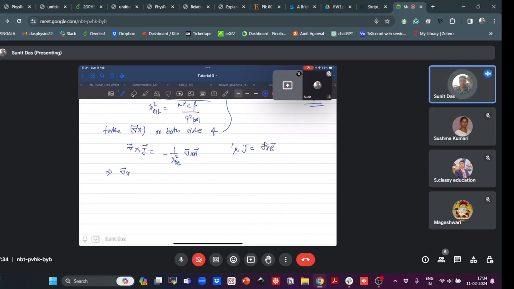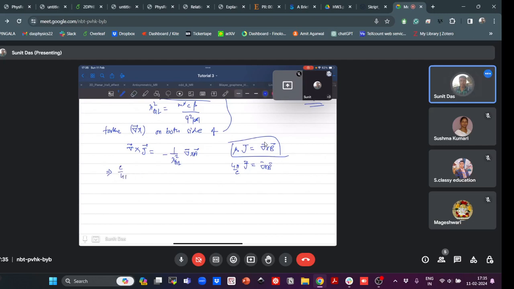So in SI you have curl of b equal to mu naught j, but in CGS you have 4 pi by c times j. So if you take this, that will be c by 4 pi curl of b, sorry, there is an extra curl.